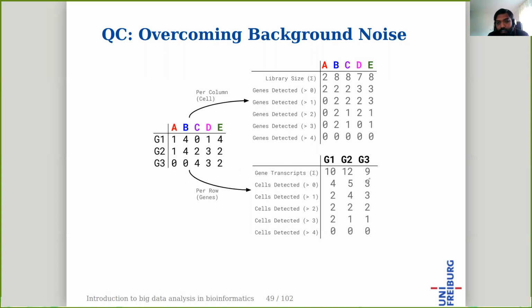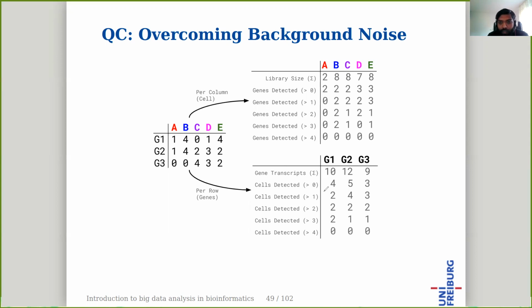That's the number of transcripts per gene among all the cells. And now we see how many cells we can detect at different levels of gene expression.